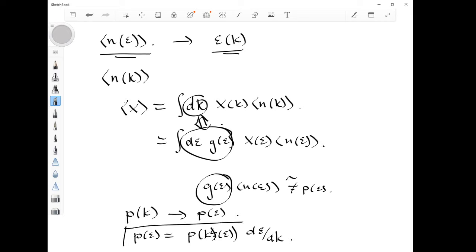And so this is sort of giving you this g(E). It's rescaling your coordinates so you can change your variables. Does that make sense?